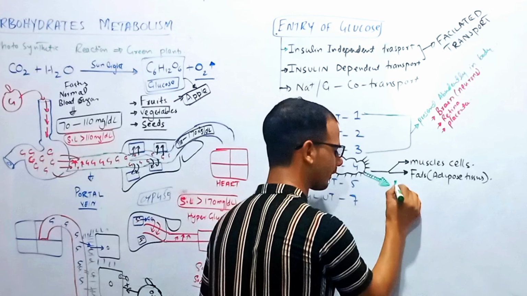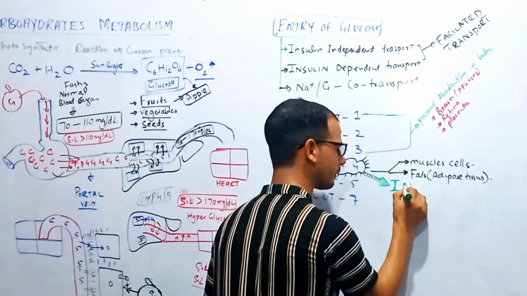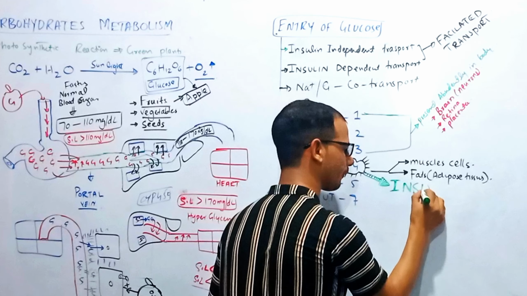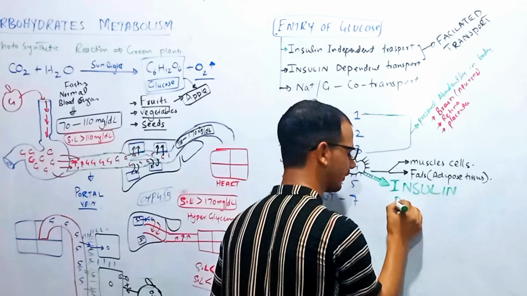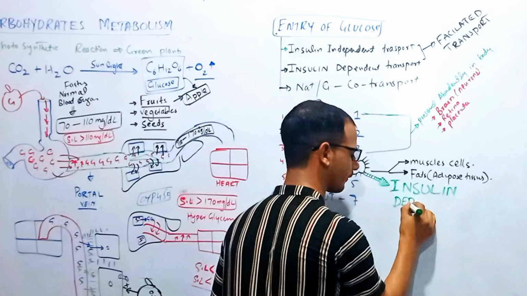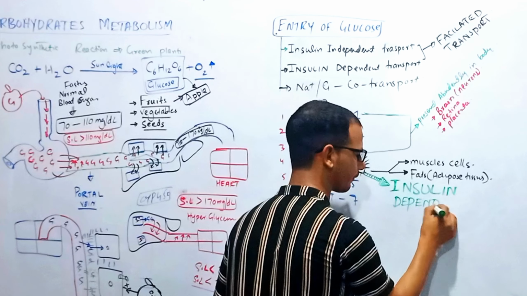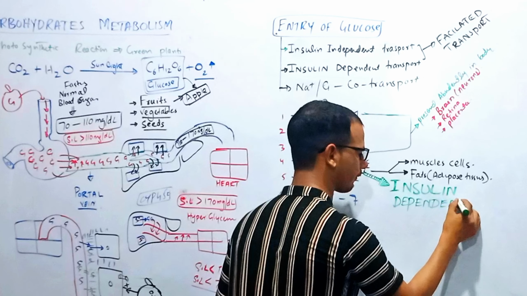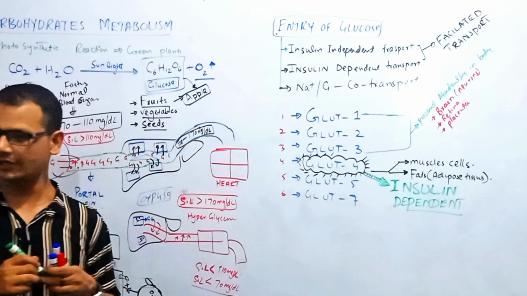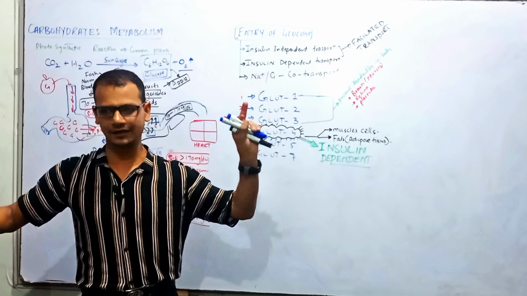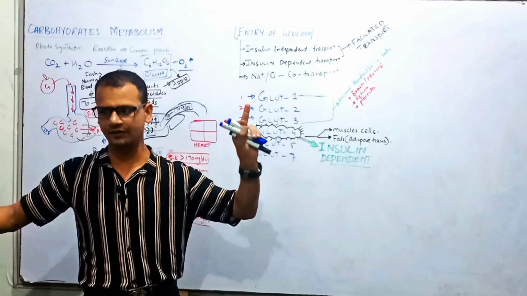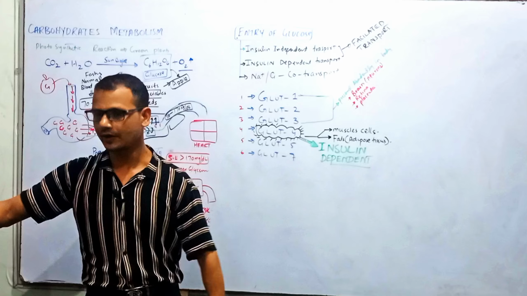Highlight this: insulin dependent. The only insulin-dependent Glut receptor is Glut 4. All the others, Glut 1, Glut 2, Glut 3, Glut 5 and Glut 7, are insulin independent.